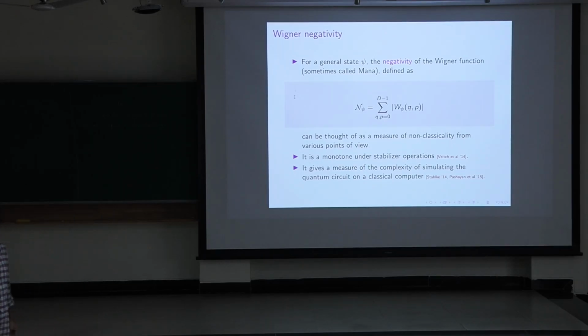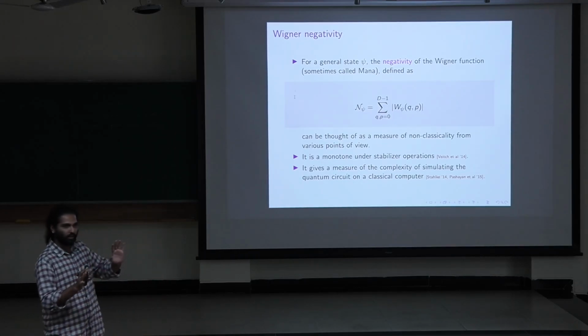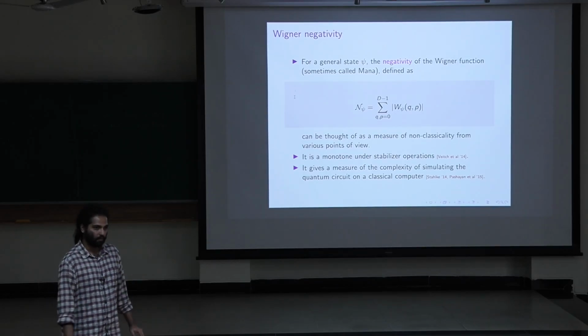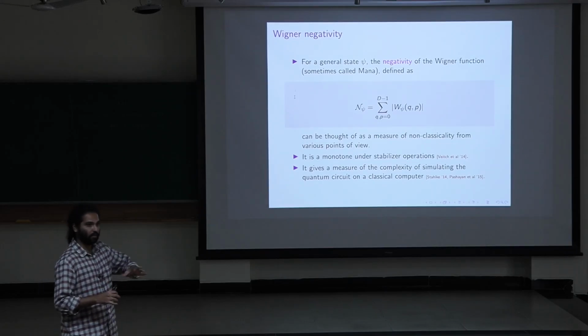Yes. The stabilizer operation was defined as one which, when given a Wigner function that is positive, keeps it positive. Exactly. You can give a more detailed definition, but I'm not going into the details. So as Sandeep said, you can think of these as operations which act on Wigner positive states and map them to Wigner positive states. Let me give you another characterization.